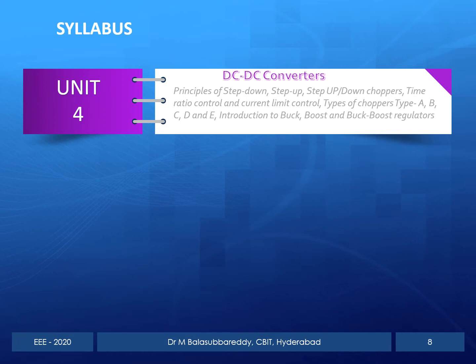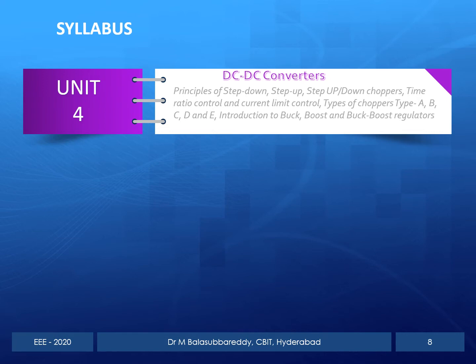And fourth unit, the controllers, that is DC to DC converter, also called choppers. There is the principle of operation of chopper, basic chopper, and step down, step up and step up/down configurations. And there are control strategies of a chopper, that is time ratio control and current limit control.